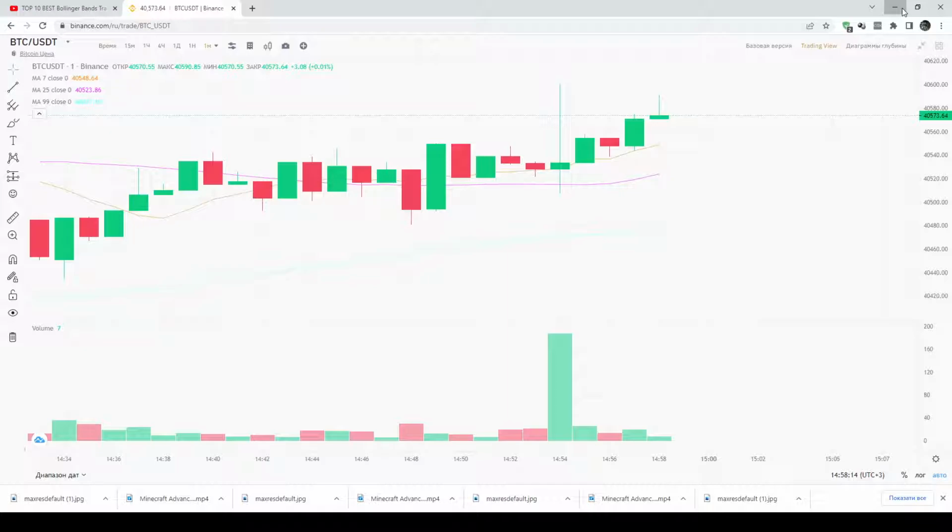An extreme contraction or sharp narrowing of the bands implies that volatility is simply too low, at least from a historical perspective, and we could expect a significant advance or decline in the immediate future. So when the bands squeeze together, it usually means that a breakout is getting ready to happen.